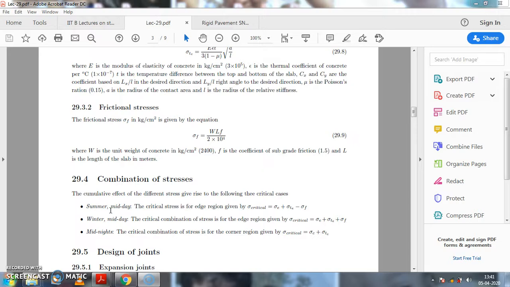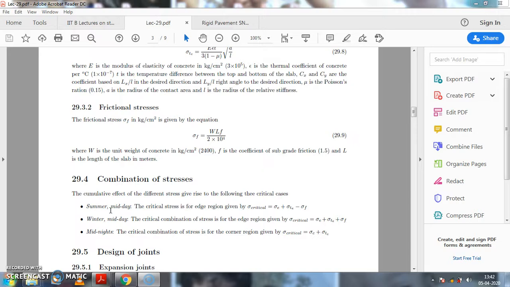Again, during summer, the critical combinations at interior and edge regions occur when the slab tends to warp downward. The maximum tensile stress is developed at the bottom fiber due to loading and also due to warping. However, the frictional stress is compressive for this summer season.